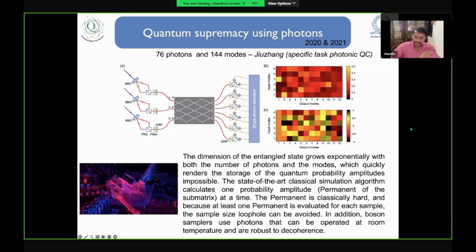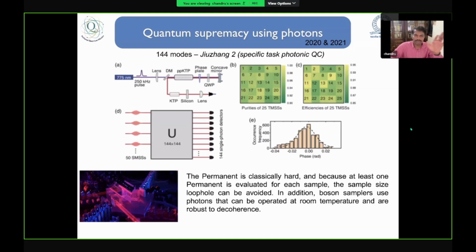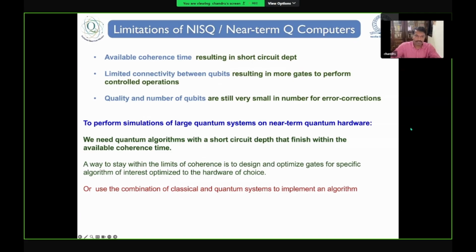So these two experiments, in 2020 and then 2021, were done to demonstrate that you can efficiently implement boson sampling on photonic hardware, which can't be done on other hardware, and no classical computer can do that efficiently. So these are some of the results which they had shown.